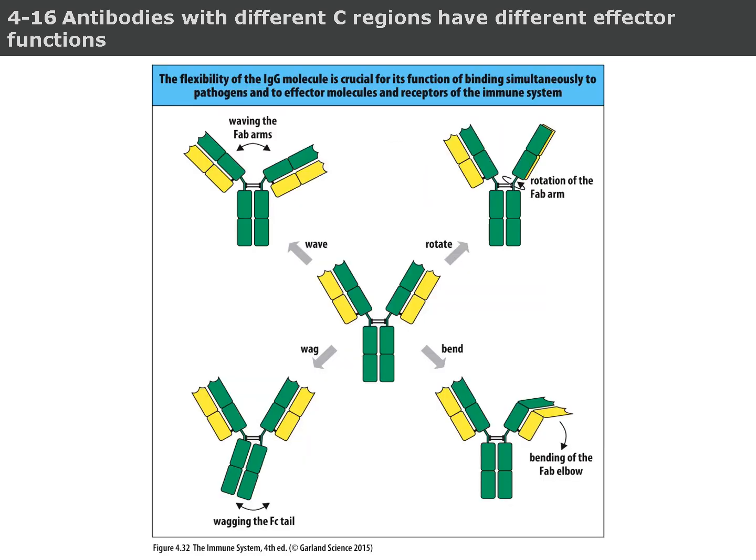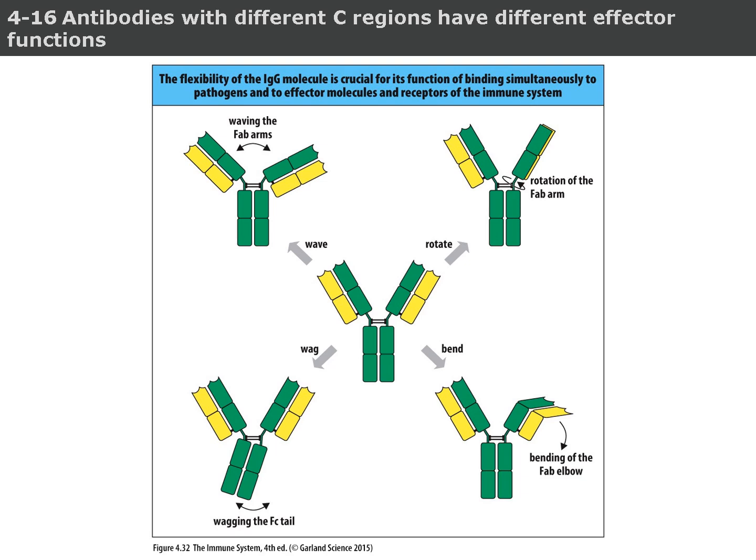This figure demonstrates the remarkable flexibility of the immunoglobulin G molecule, which is essential for its dual function, binding to both antigens and immune system receptors. The immunoglobulin G structure includes two antigen-binding arms, known as the fragment antigen-binding regions, and a constant region known as the fragment crystallizable domain. The hinge region allows for multiple types of movement.